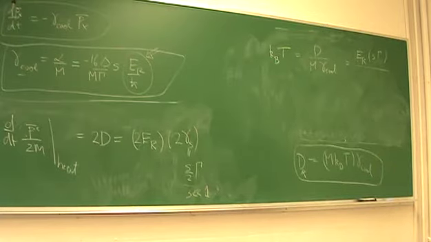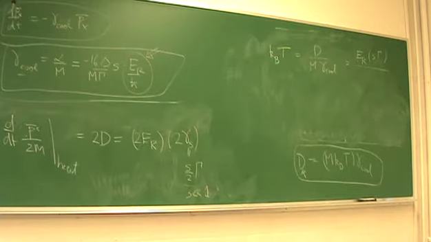Oh, okay, sorry, I see the other factor I missed. The diffusion coefficient is the rate at which the fluctuations increase. This should be over 2n. That's the convention of the diffusion coefficient. Okay, so now it makes more sense.